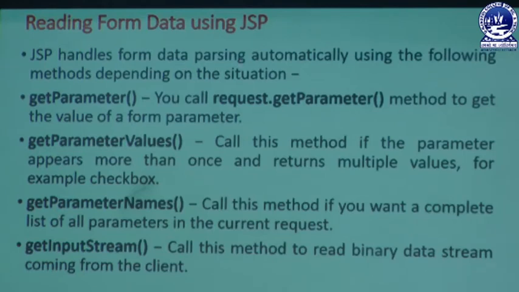In that moment we must take the help of the request object, which invokes the getParameter method, and by using it we can easily retrieve the parameters used in our backend part.